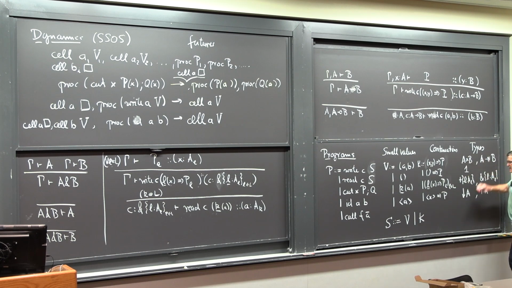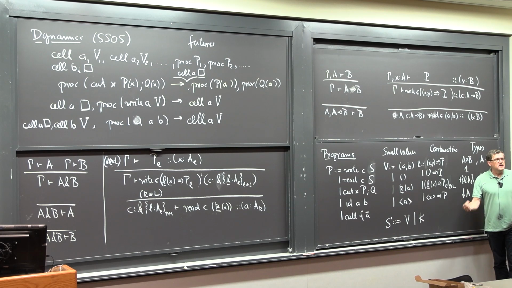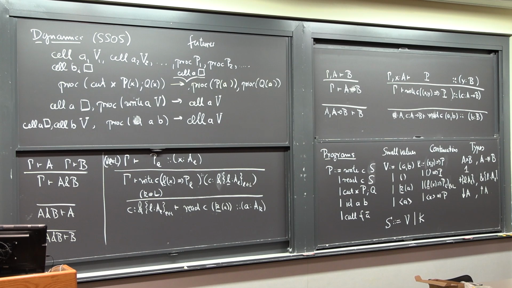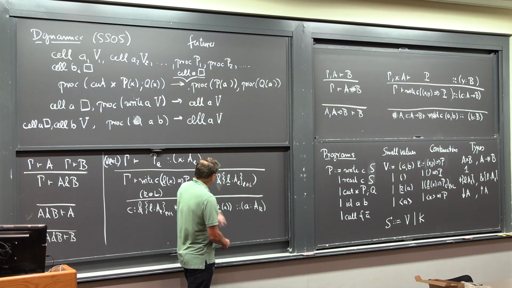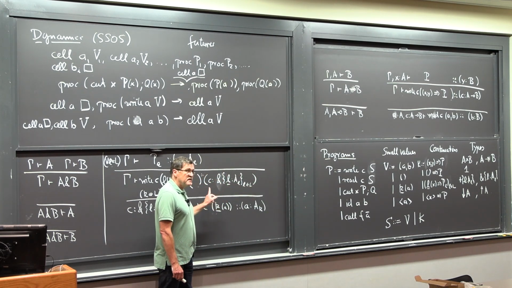Probably now, after the lecture, somebody's going to come up to me and say, I really need that bottom. But the problem is that all the judgments have to be generalized, because when you introduce bottom, the right-hand side could be empty.